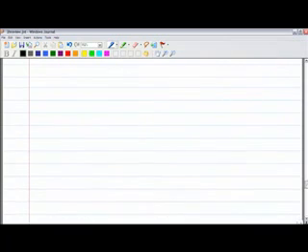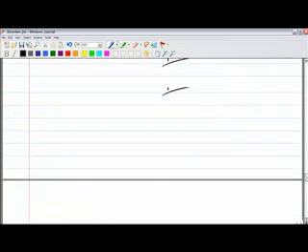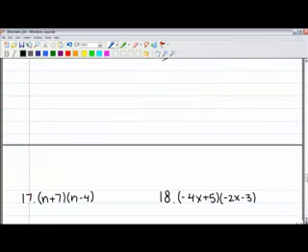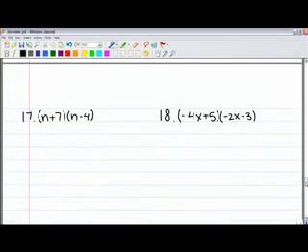So, the next thing we want to look at is n plus 7 times n minus 4. So this is really 23 in your packet. This is really 24.